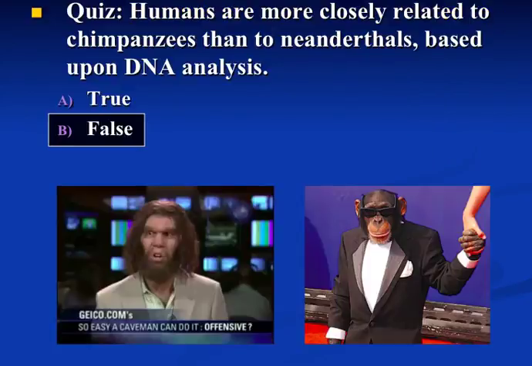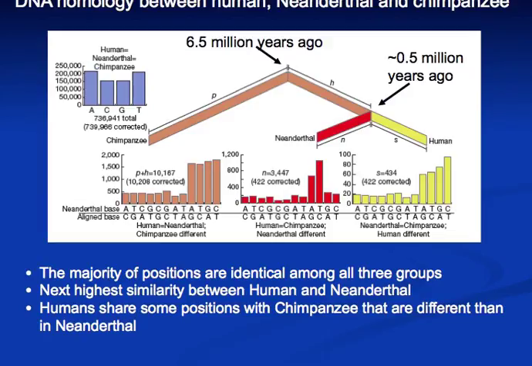How about this? This was a question that was answered in this project. Are humans more closely related to chimpanzees or to Neanderthals? Based upon DNA analysis, it says quite clearly that we are much more closely related to Neanderthals than chimpanzees. We shared a common ancestor with Neanderthals and with chimpanzees about 6.5 million years ago.